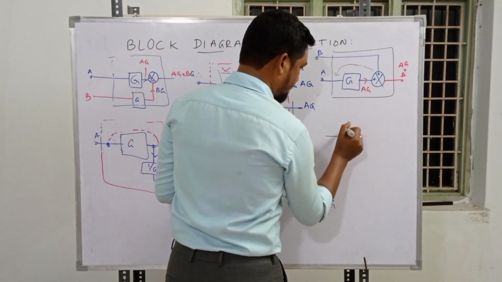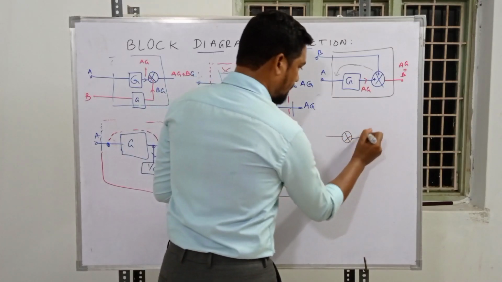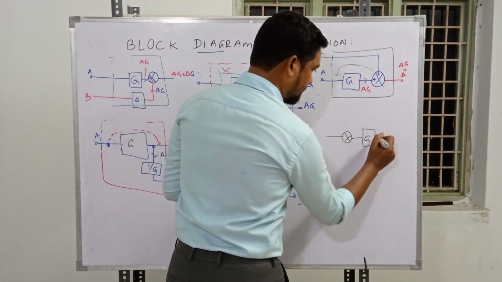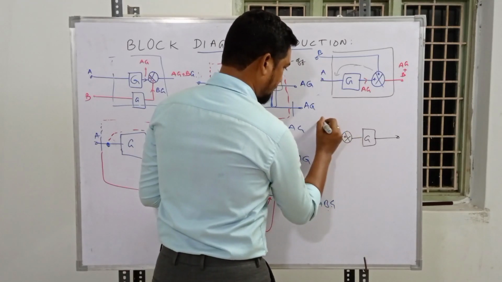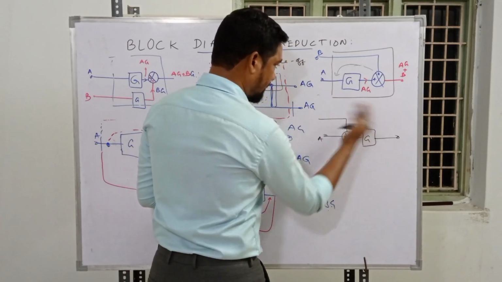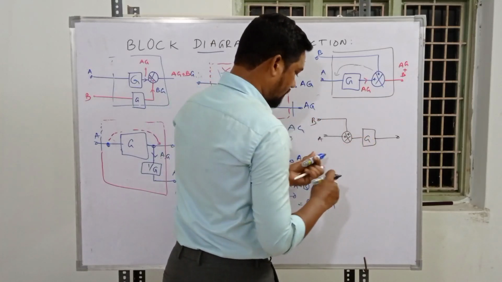So if that is the case, the summing point moves ahead of the block. G over here, and we have a signal A plus B, the summing point brought to this side. What signal flows over here?